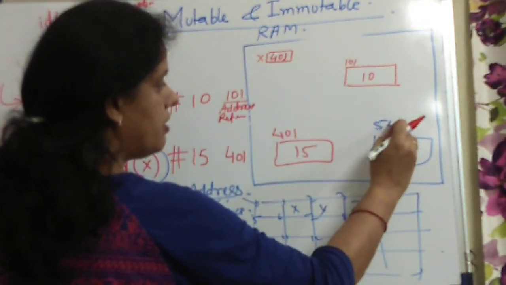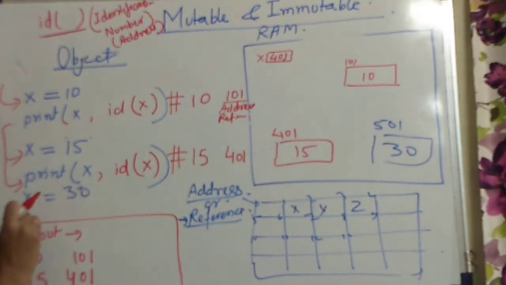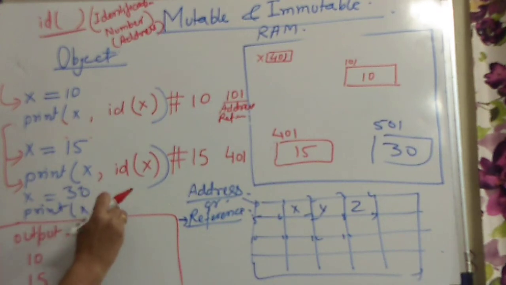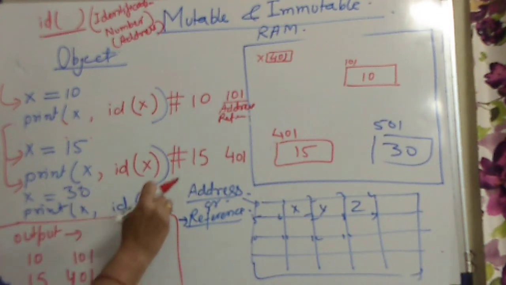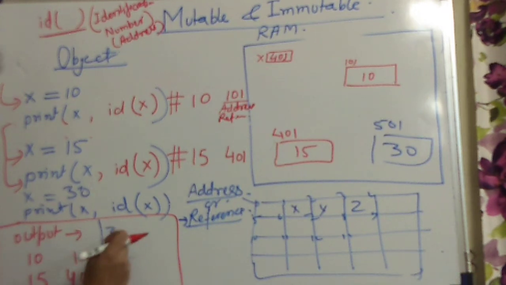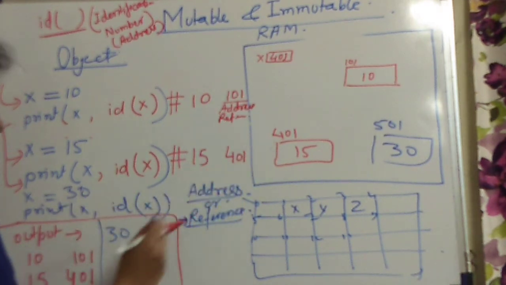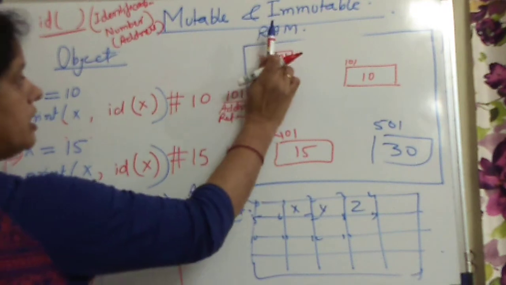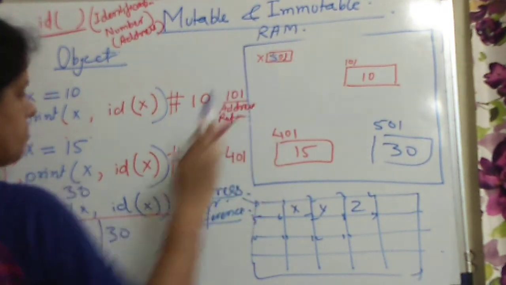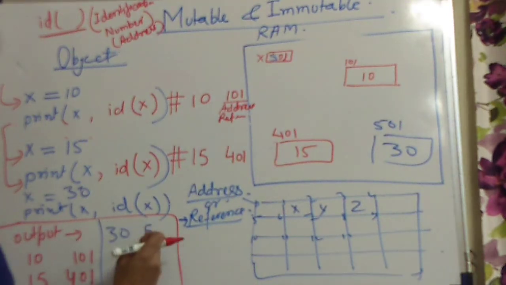It will have some address, 501, and when you print x comma id x, what will get printed? The value of x, 30, will get printed, right? I am going to write it here, 30, and the identification number held by x will be 501. So here you will get the output 501.